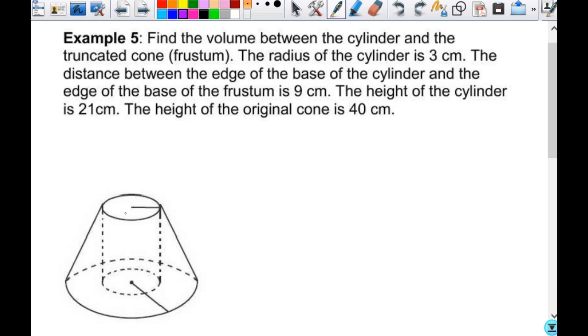All right. So the radius is 3. This is a 9. Okay. So it talks about the height of the original cone. Do you know what that means? Basically, before it got chopped off. So would it kind of help to have that in there, right?